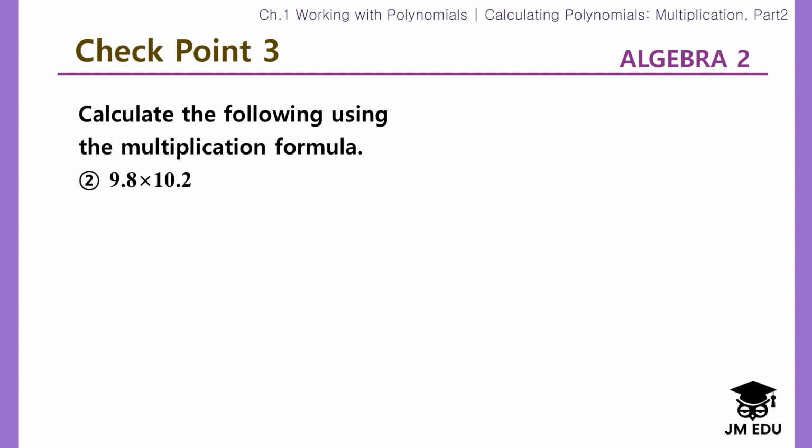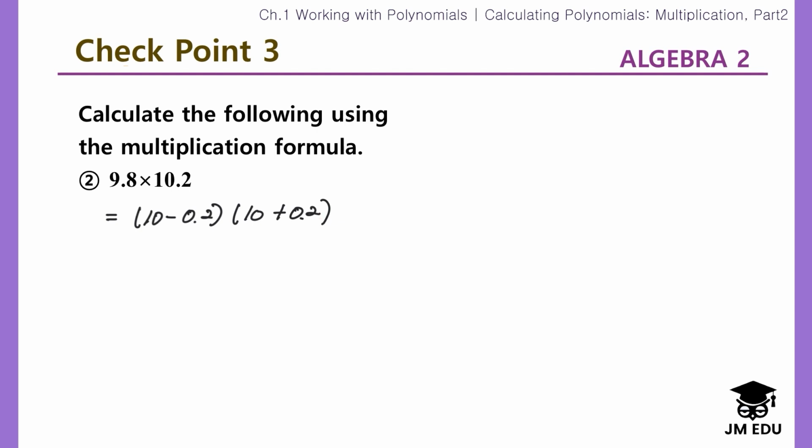Number 2, we have 9.8 times 10.2. Okay, this one can be written as 9.8, that's 10 minus 0.2. 10.2, that's 10 plus 0.2, right? So this is a minus b, a plus b form, right?